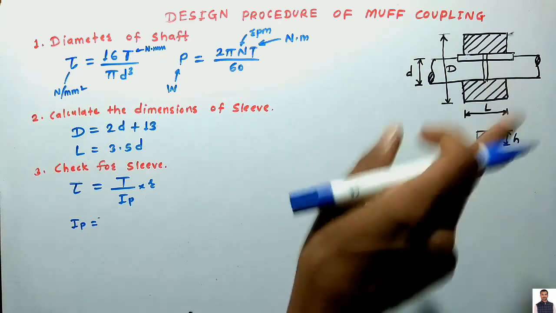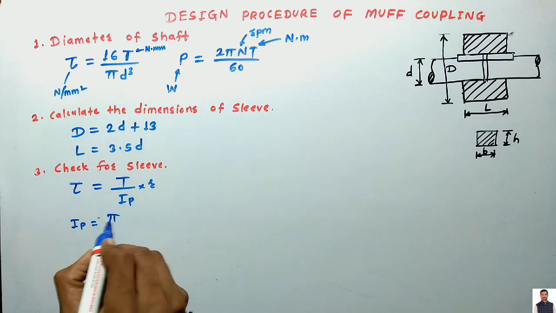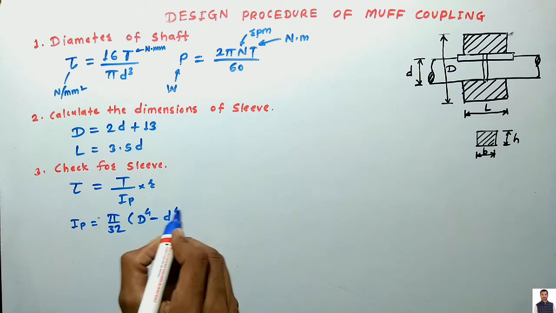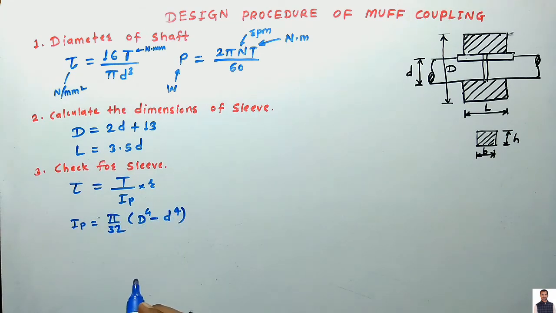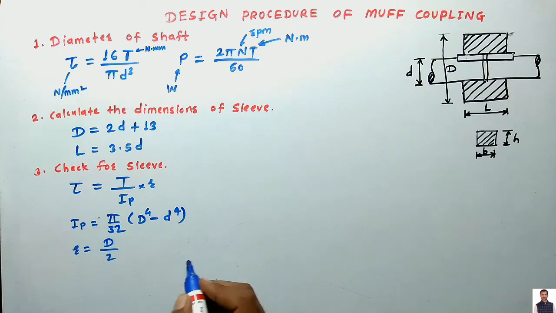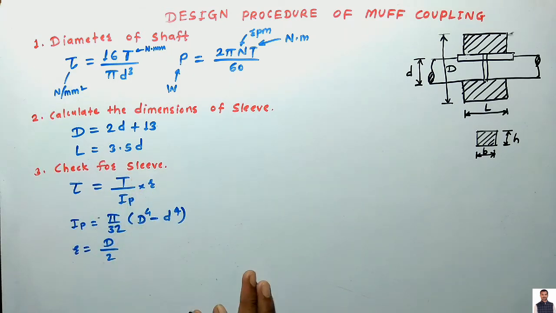So for a hollow circular section, IP is equal to pi by 32 into capital D raised to 4 minus small d raised to 4. So this is IP, and R is capital D by 2.